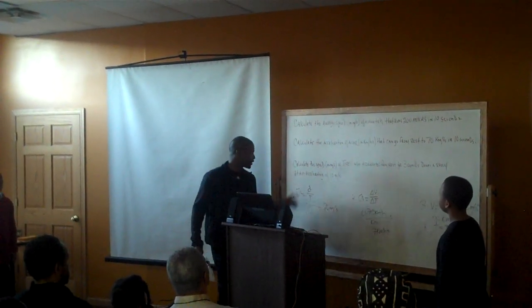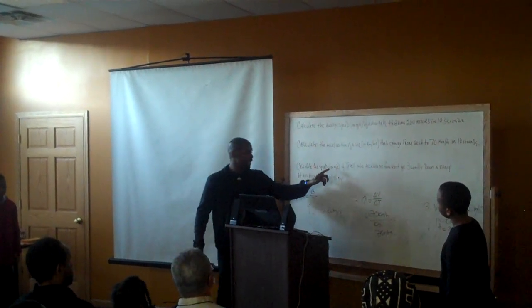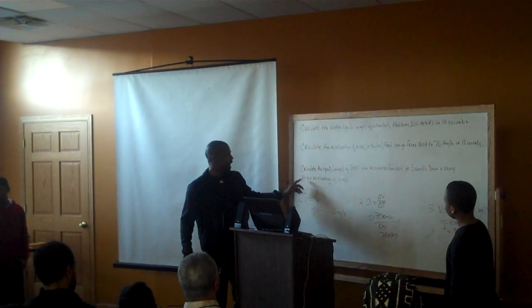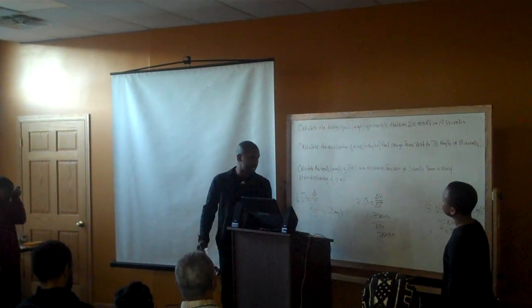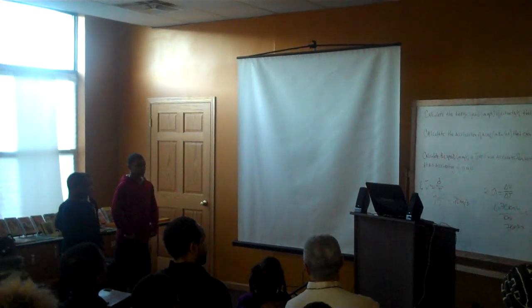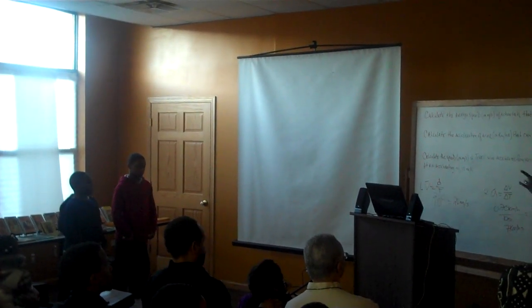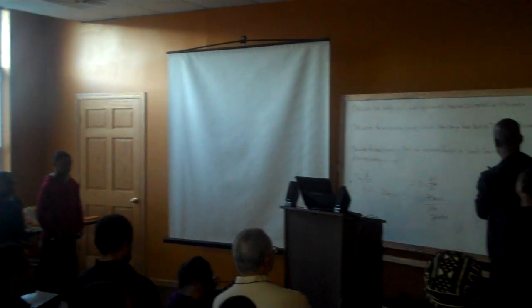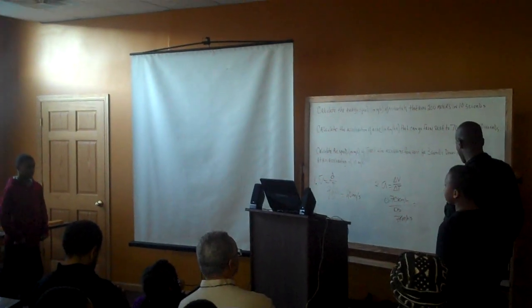Good, that was correct. Third problem, calculate the speed in meters per second of Tyrell, who accelerates from rest for 3 seconds down a ramp at an acceleration of 10 meters per second. So what are we looking for, Tyrell? We're looking for instantaneous speed. Instantaneous speed. So the formula for instantaneous speed is what? V equals AT. Good. V equals AT. A is symbolizing what? Acceleration.